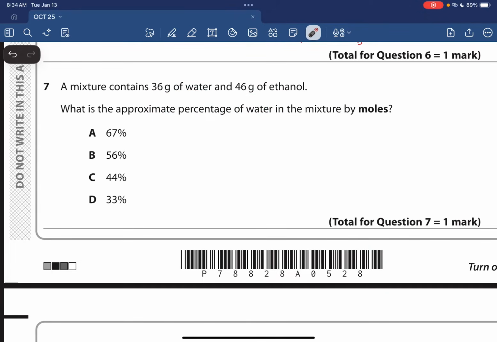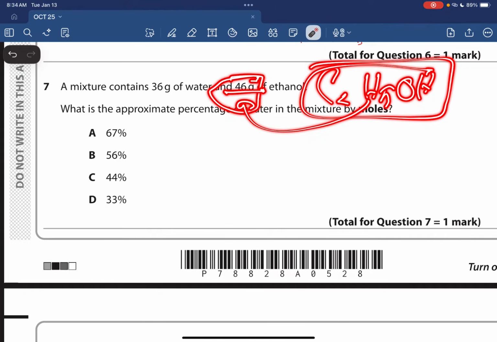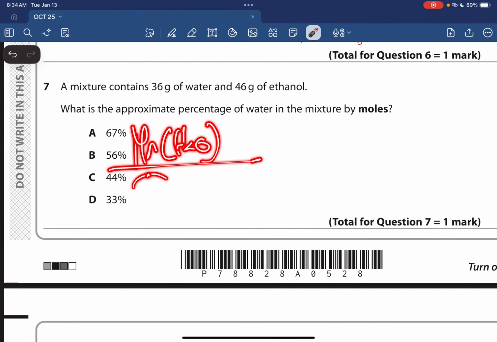What you're going to do is the mass divided by the Mr. The mass for ethanol, C2H5OH. Figure out the Mr from here, and you divide this mass by this Mr. You would have the moles of this, right? So then what you're going to do is moles of water divided by total moles of water plus ethanol times 100, okay?